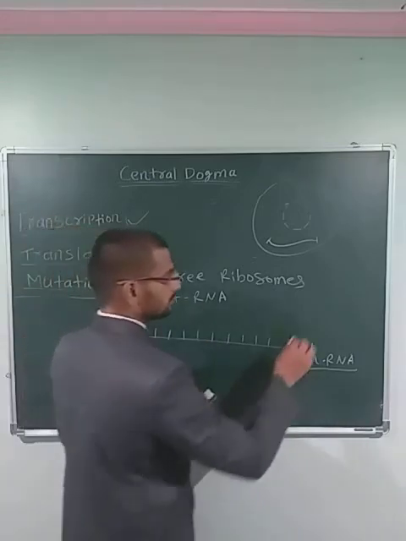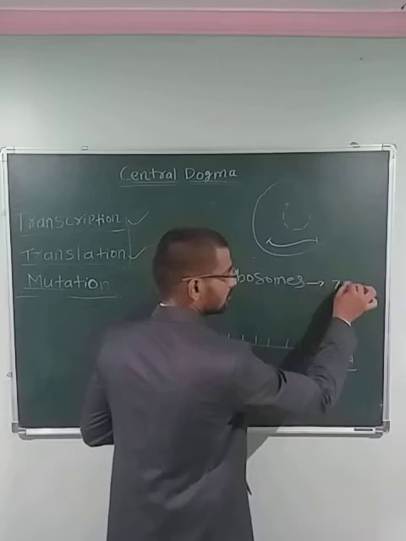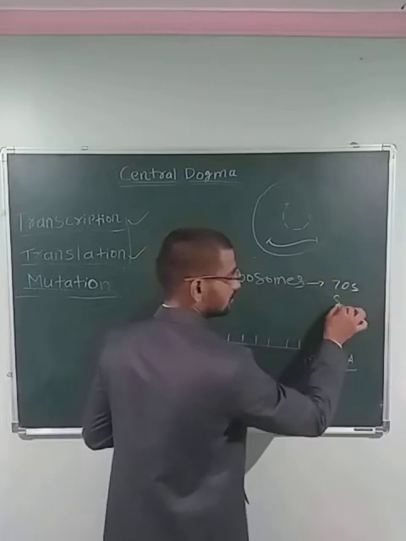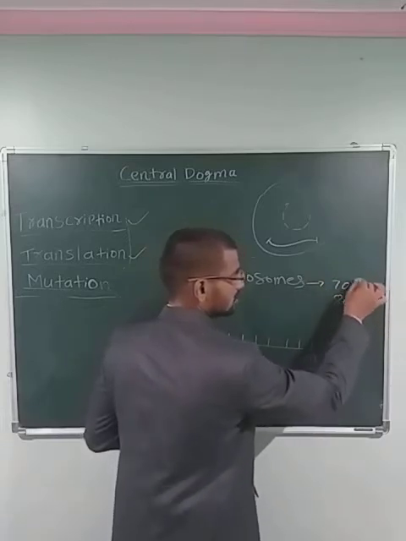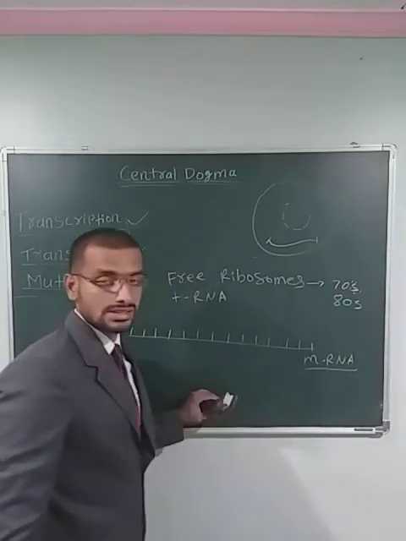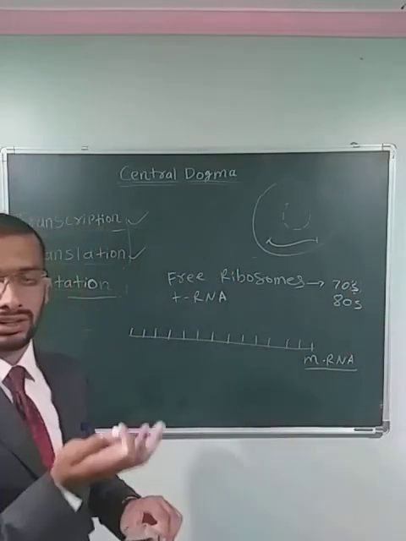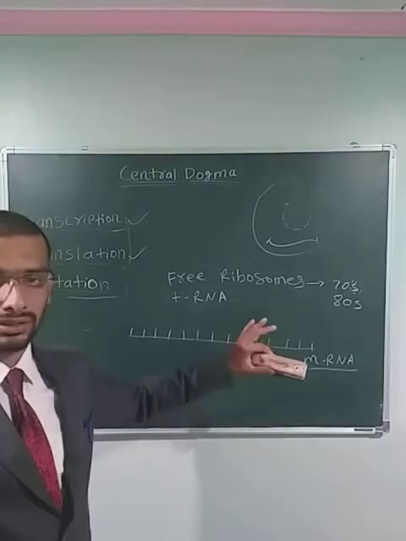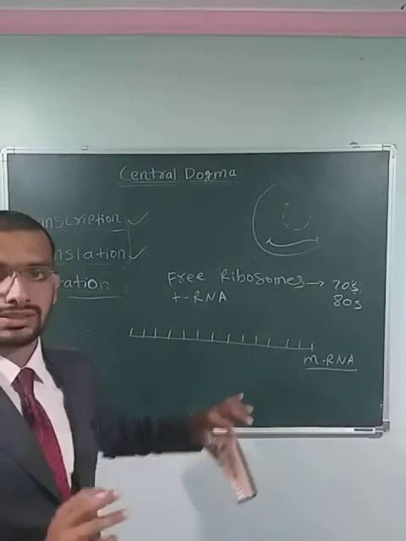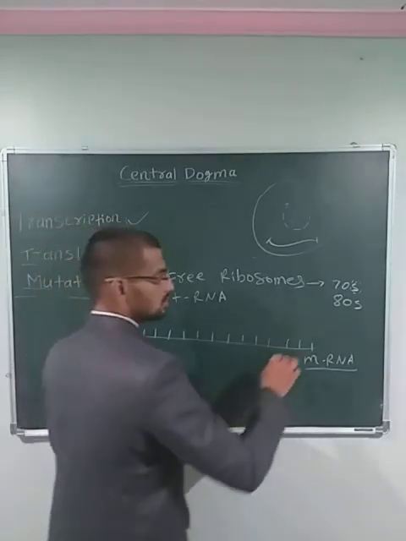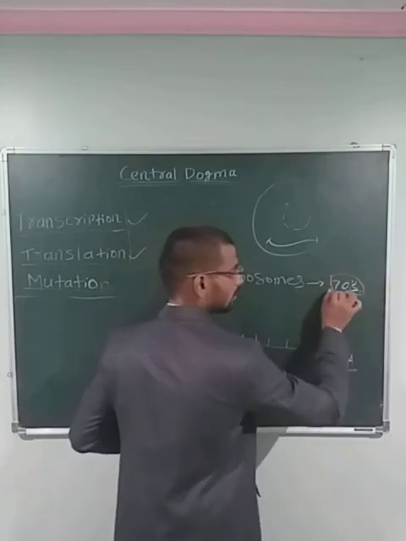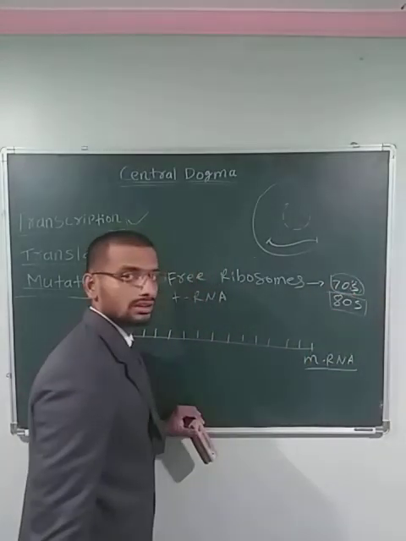The ribosomes are of 70S and 80S types. S denotes the sedimentation coefficient. The molecular weight of a particular material gives the S as a symbol. So 70S is present in prokaryotes and 80S is present in eukaryotes.